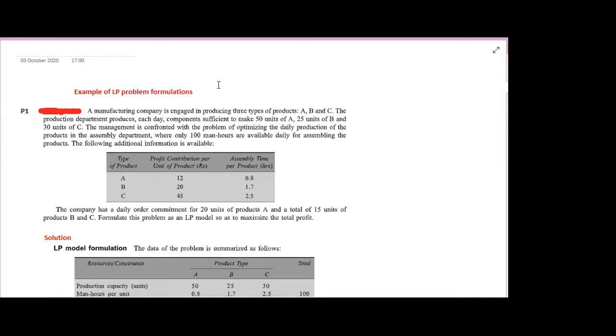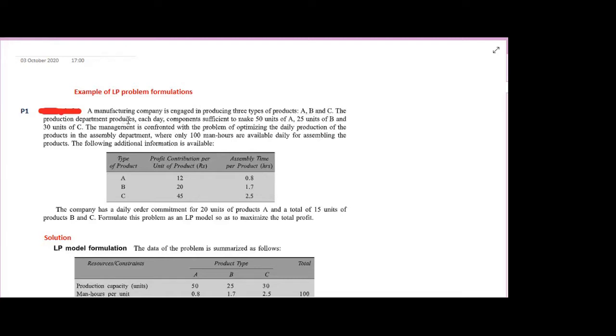Here you can see some examples on linear programming problem formulation. The first is a manufacturing company engaged in producing three types of products, that is A, B, and C, right?